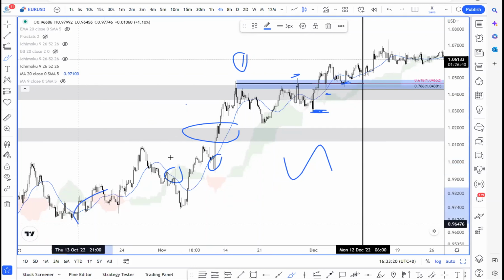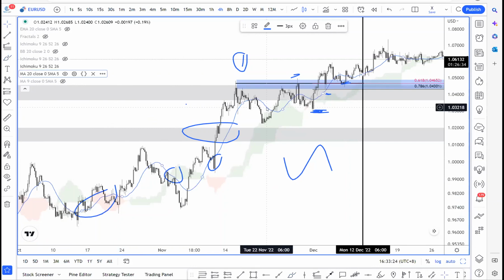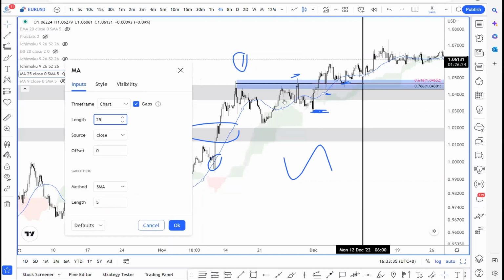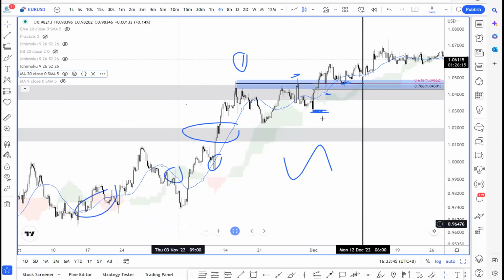Okay, so let's try and change the period. Let's say we change it to 25 instead, to see if it gives us a better or smoother view. As much as possible, you want to try and find averages that are in line. 25 doesn't really make too big of a difference. Prices are just whipsawing. It's giving a lot of fake signals, or I mean false signals.